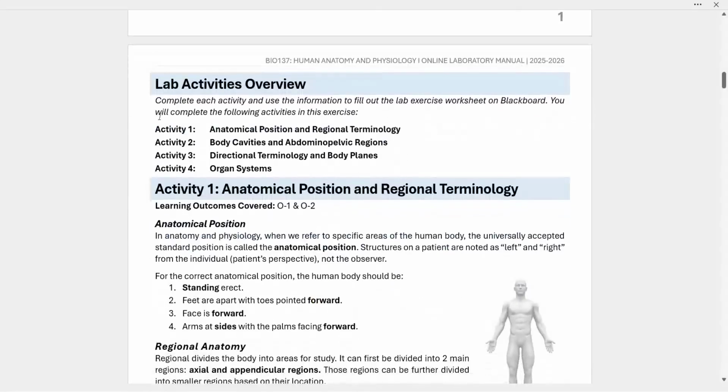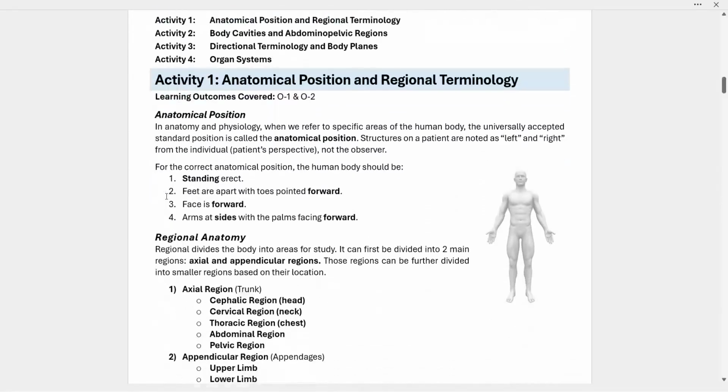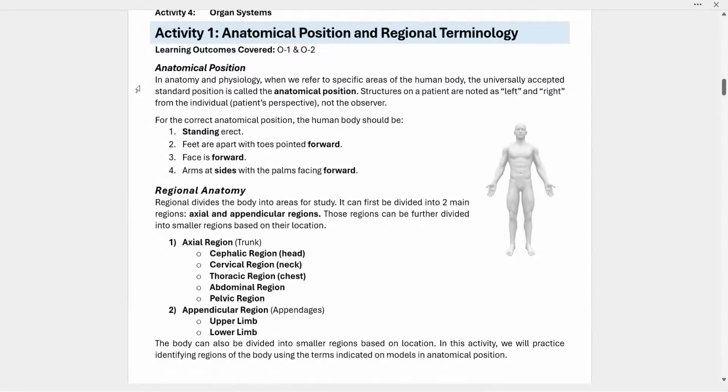All right, so we're going to go through these 4 activities. We're going to start with anatomical position and regional terminology. So activity 1, in anatomy and physiology, whenever we refer to specific areas of the body, we have to have a certain language. So we call that the anatomical position.